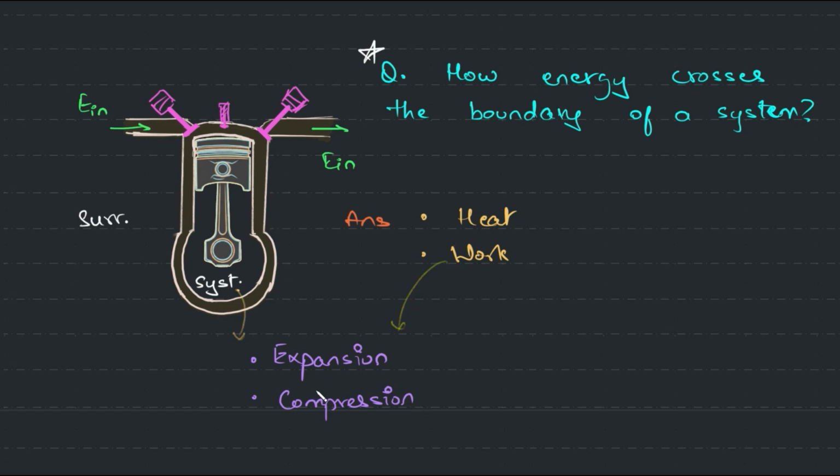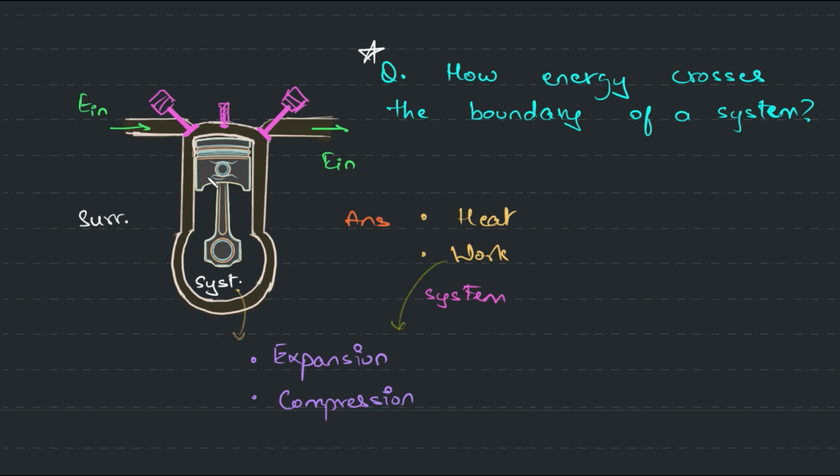So in thermodynamics, work is exclusive to thermodynamics. Work is said to be done on the system or by the system with respect to these terms. Either you are looking at the system being compressed or expanding. So compression and expansion are the key ideas behind work when it comes to thermodynamics.